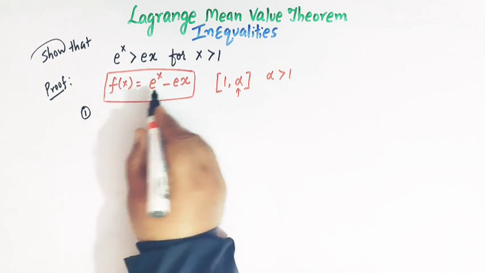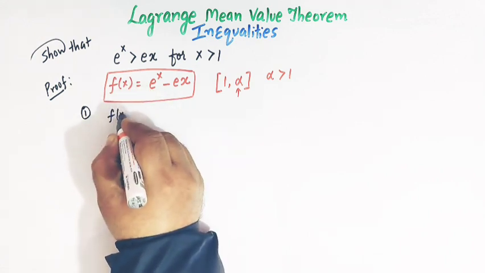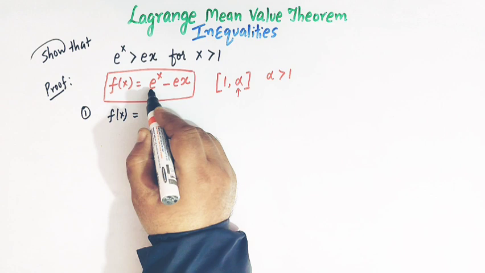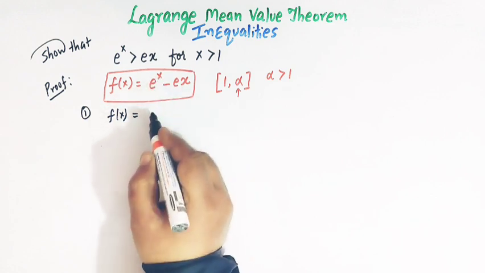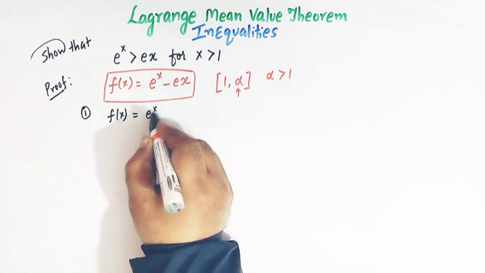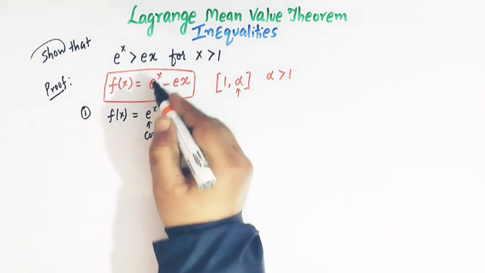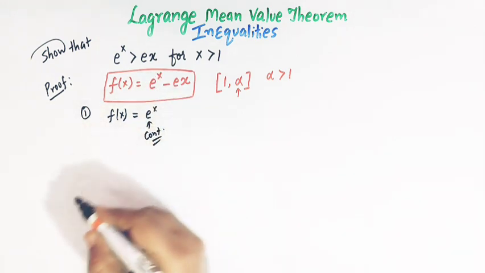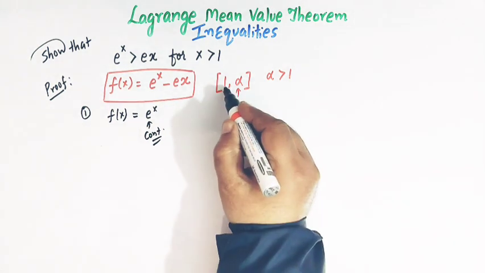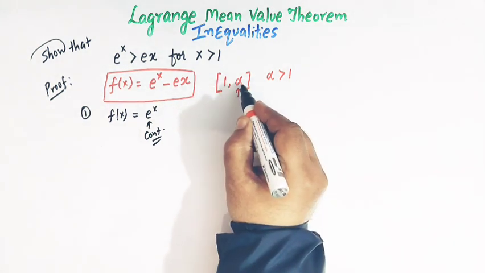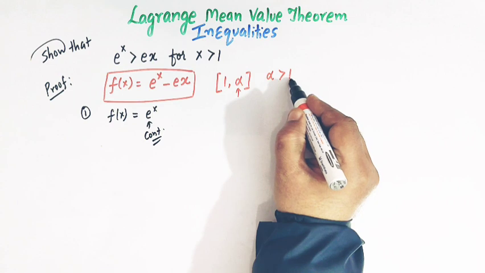And now here we see that f of x is made up of two functions. This is e raised to x and this is a continuous function, because the exponential function is a continuous function in its domain, and here we are taking 1 comma alpha, where alpha is greater than 1.